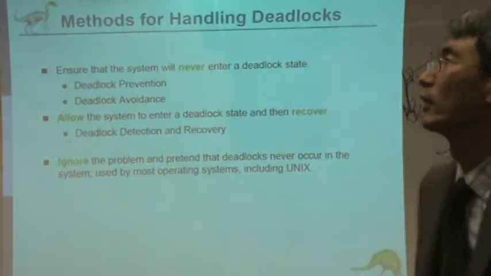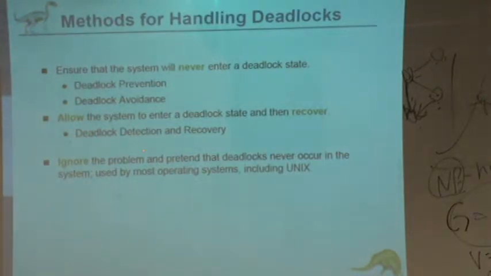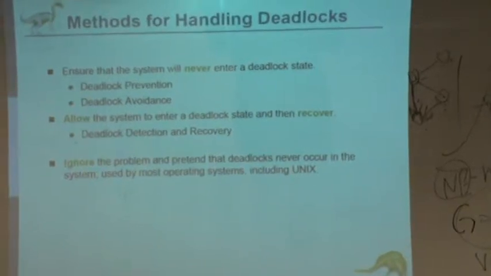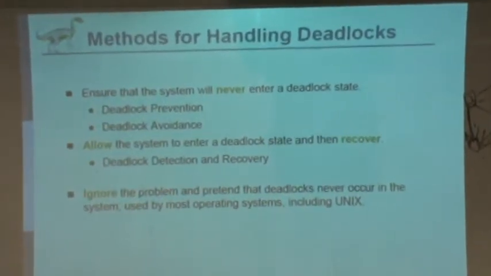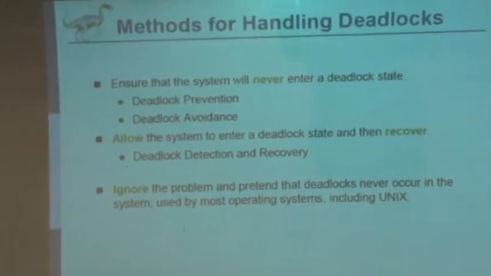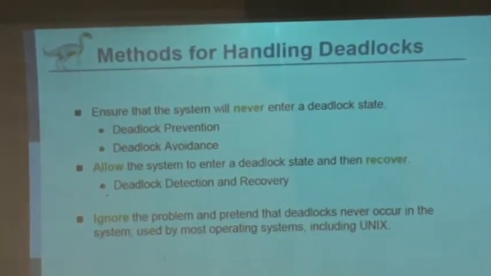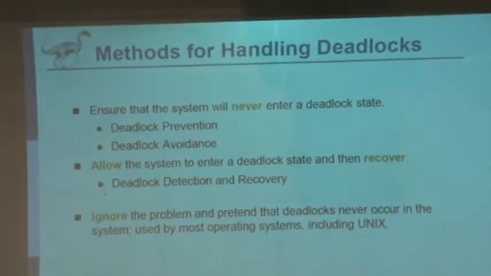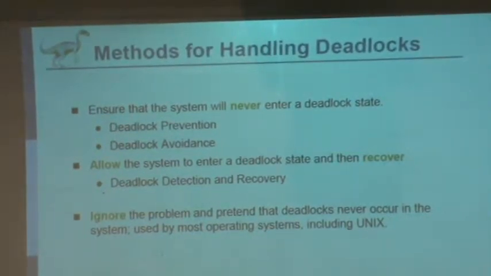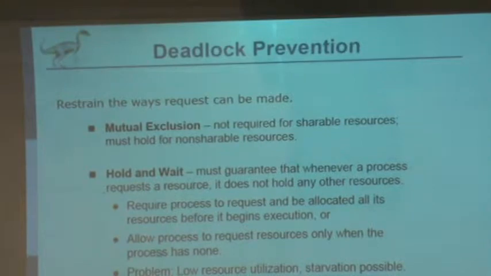Don't be confused. Avoidance and detection are quite similar, but avoidance never enters the deadlock. Before allowing, you need to check the deadlock situation, circular wait. But detection, from time to time, checks all the processes and the resource state, whether there exists a deadlock or not in the current state.